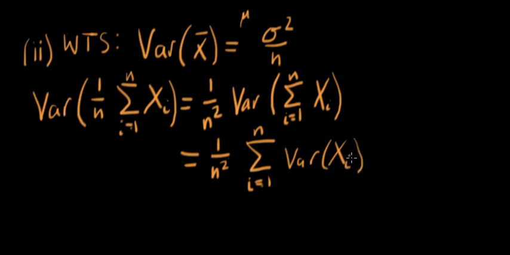But recall that we are given the variance of each one of these xi's is in fact the same. It's sigma squared.